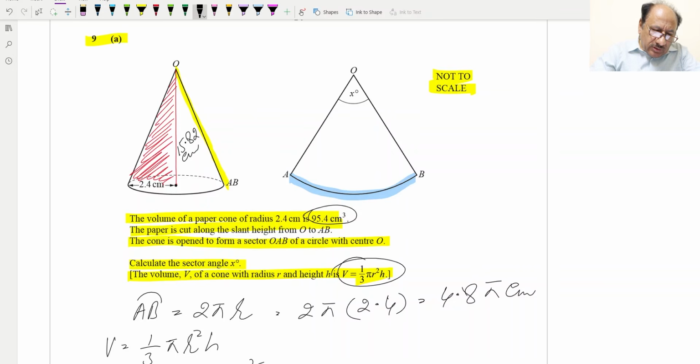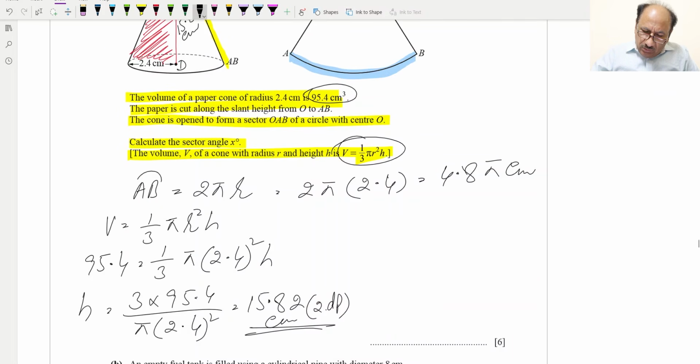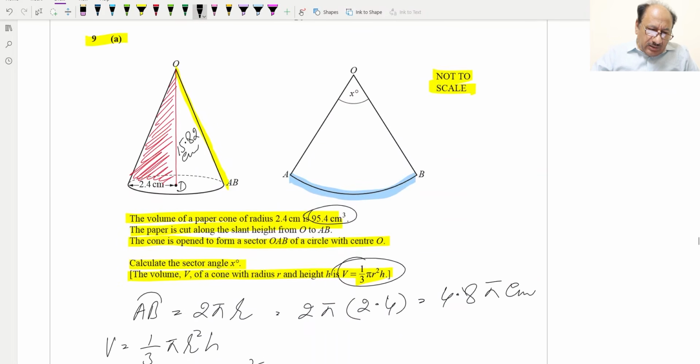15.82 centimeters. This is O, and we can say this as, for example, D. So OD will be equal to 15.82. Now we need to calculate the slanting height, and the slanting height will be which one? This will be this height.